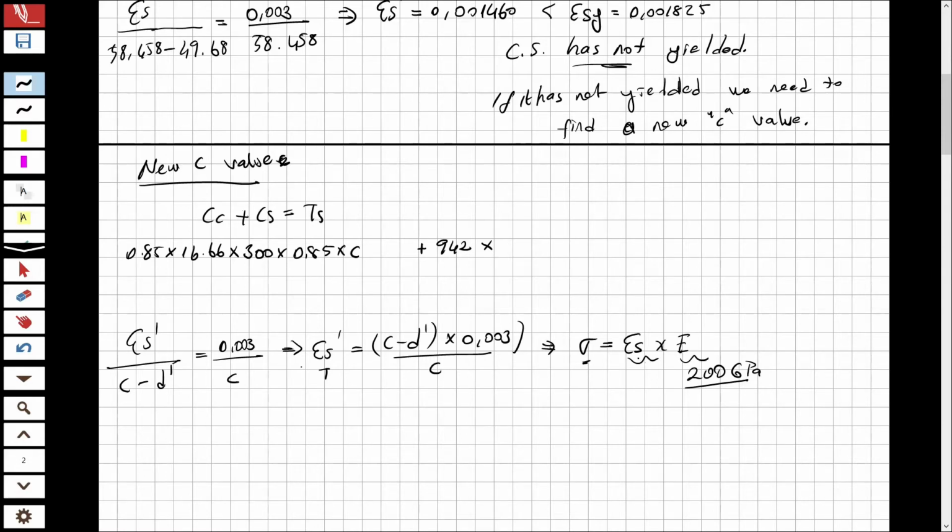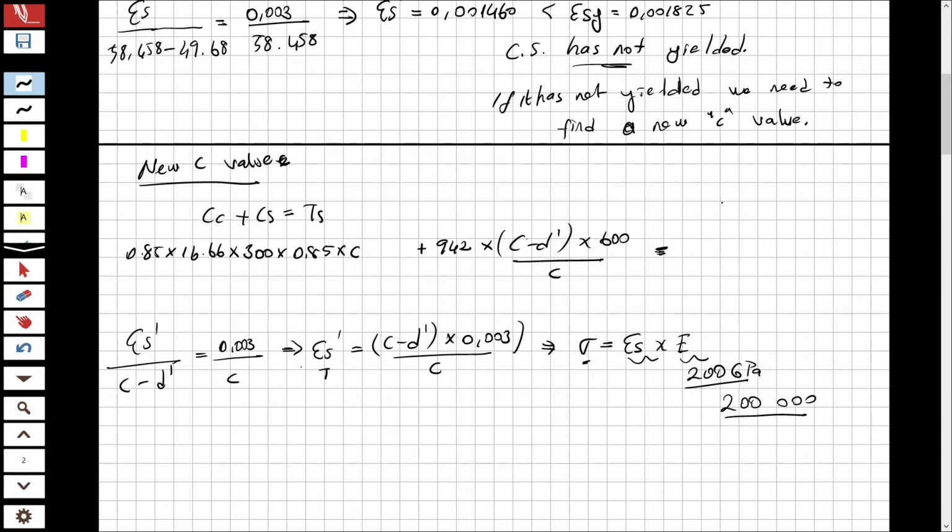Okay, so this is going to be C minus D prime multiplied with 600. When I multiply with 200,000, okay, with this number, I'm going to obtain 600 over C equal to tension steel.